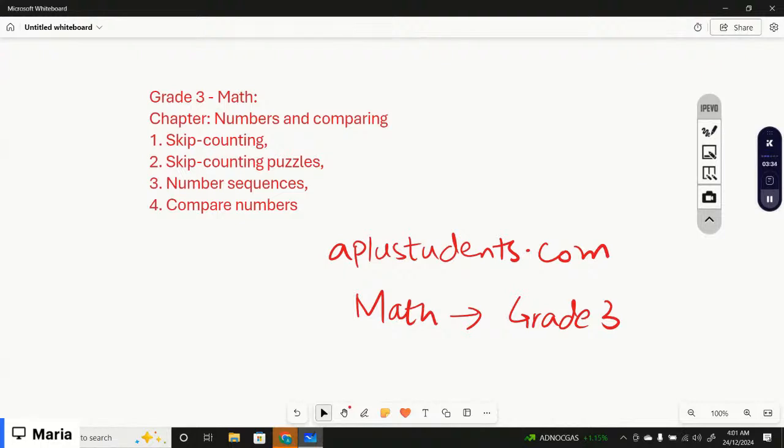So we're going to start with the chapter numbers and comparing. The lessons we're going to cover today are skip counting, skip counting puzzles, number sequences and compare numbers.